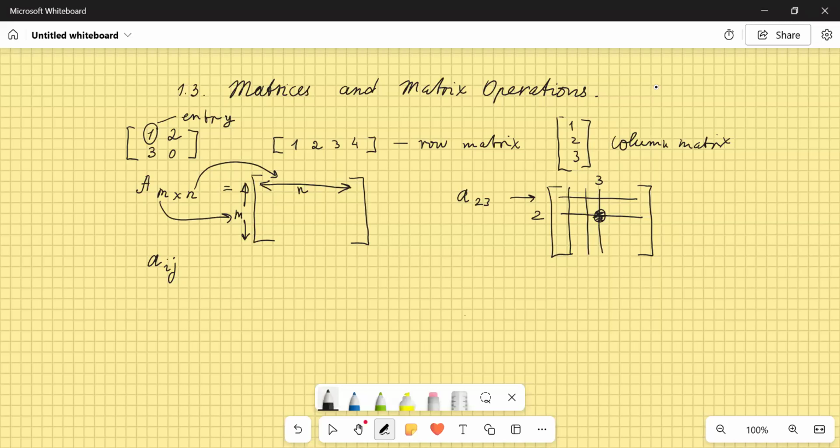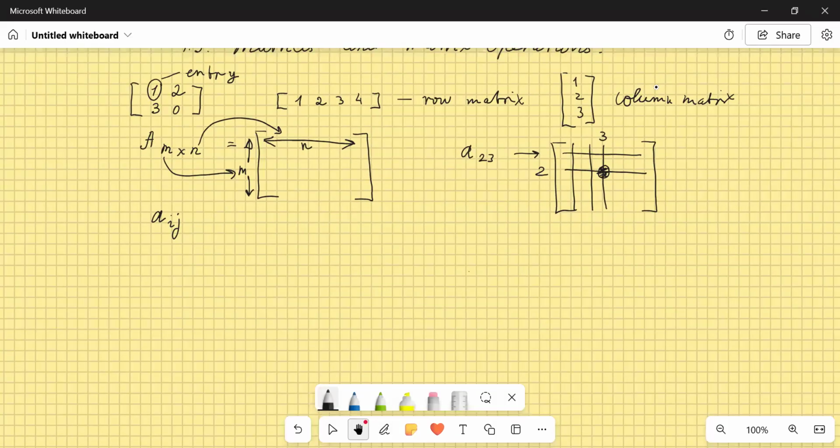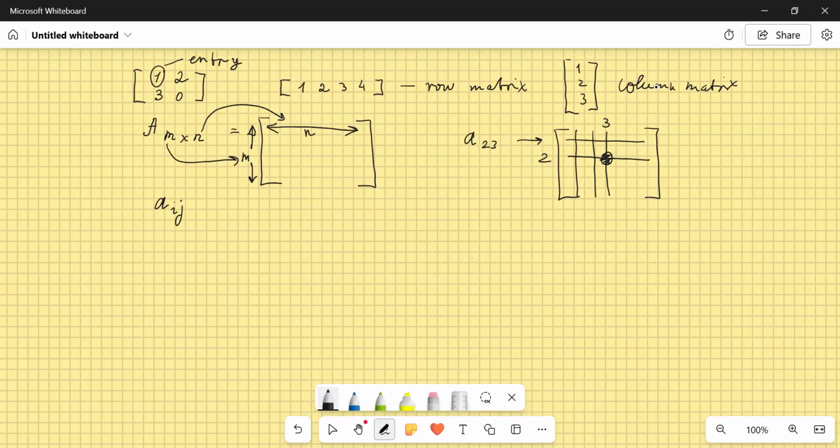Okay, and what is next? Well, now matrices are going to be our objects. We are going to deal with them. And one of the first things is how to compare two matrices, like if matrices are equal or not. Two matrices are equal if and only if all entries are equal.